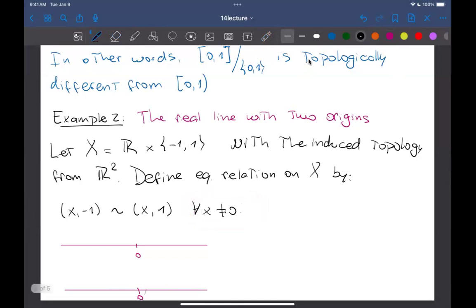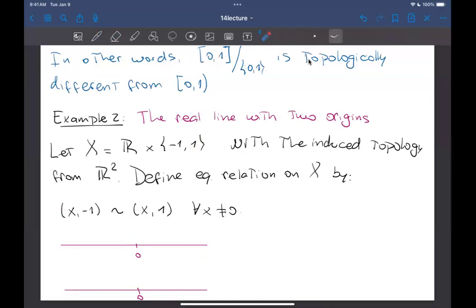Okay, so what this relation is doing is you have 2 lines, one at height 1, another one at height -1. And if you are any point, say some point x here, and it's not 0, then you're going to get identified with the same point on the other level.